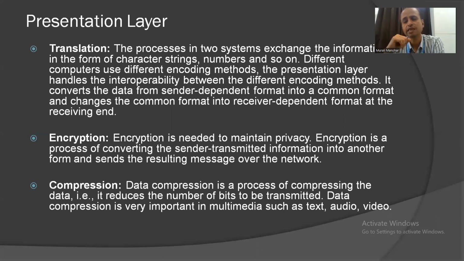Hacking can be done at the machine also. You are not transferring the data, but the data is present in your system, and your system may be hacked or the data can be stolen.